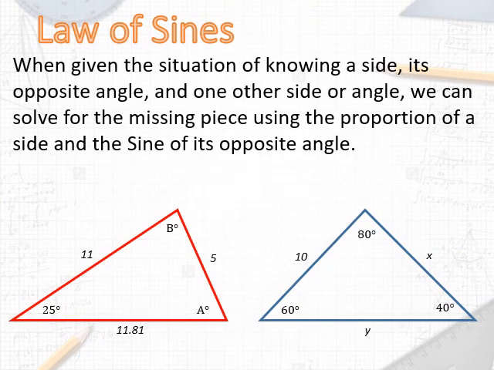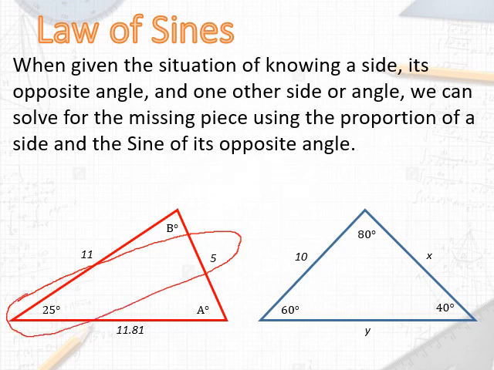Okay, so law of sines. Very simply, you're going to be presented with some situations like this. Law of sines is based on the idea that a side and the angle opposite it are going to have a proportion, and that proportion is going to be the same as any other side and the angle across from it. What we're going to be looking for is pairs of sides and angles that we know that are across from each other.